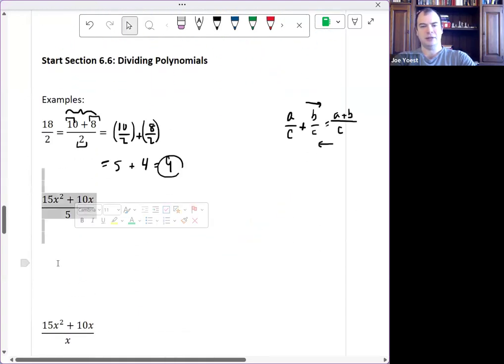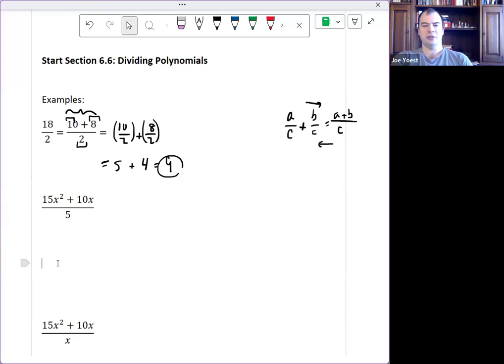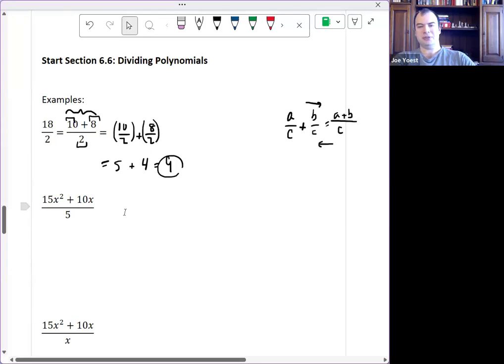Okay, so what if I had an example like this now? 15x squared plus 10x in the numerator, that's all divided by 5 in the denominator. Well, this looks more complicated. It is more complicated, but the steps are the same. I can do all of the same arithmetic steps as I did up here.